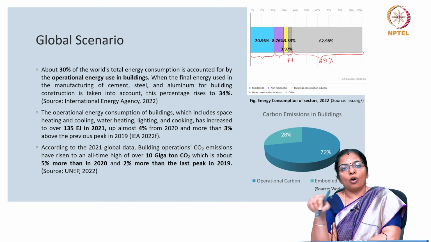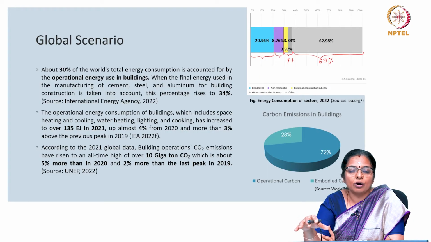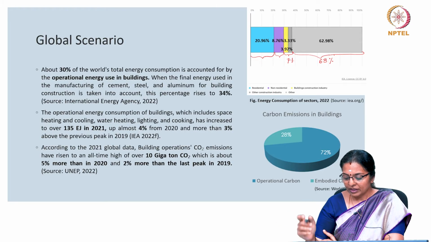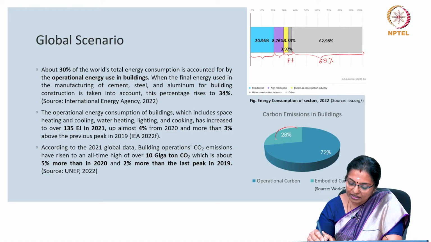But in all of these we cannot presume that a certain building typology is consuming less energy, and we cannot ignore it, though the focus has to be on energy intensive buildings like offices, malls, commercial complexes, etc. When we look at a total building's energy consumption pattern, we find that embodied energy consumes about 28 to 30%.